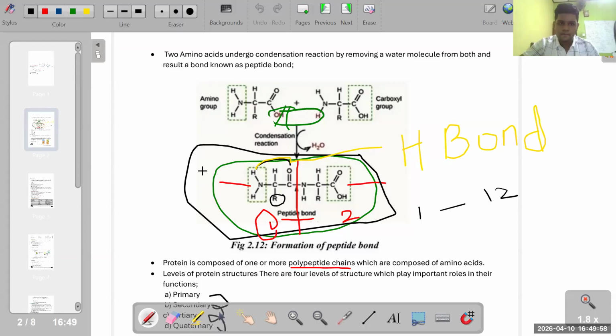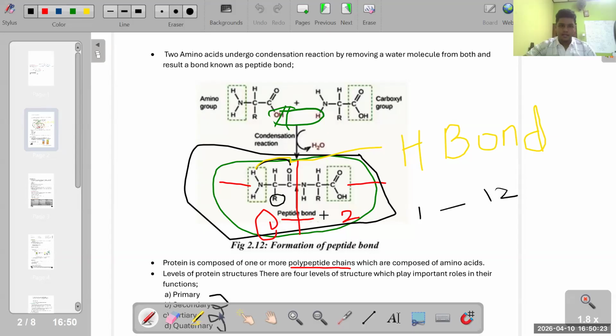Do you have that doubt? But why can't we say that? Why?